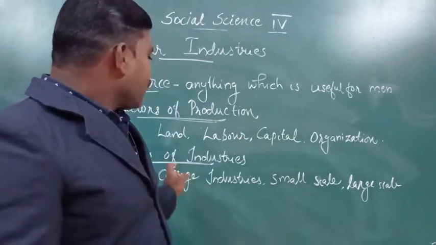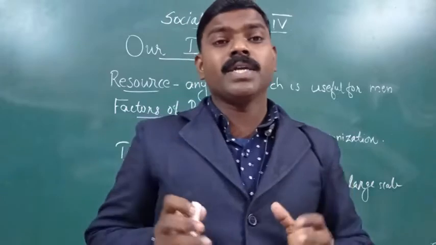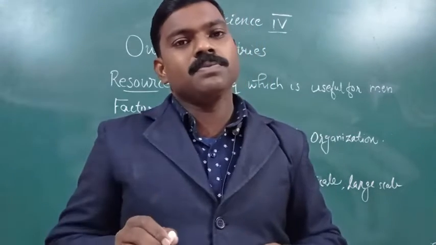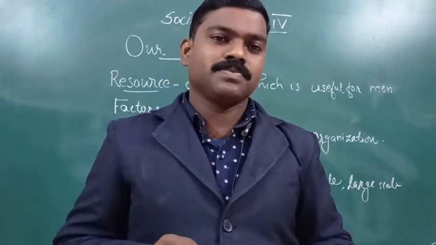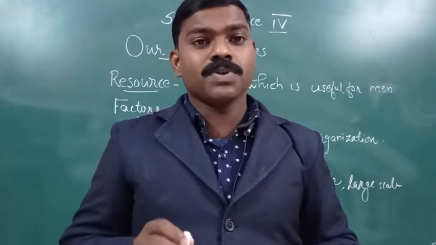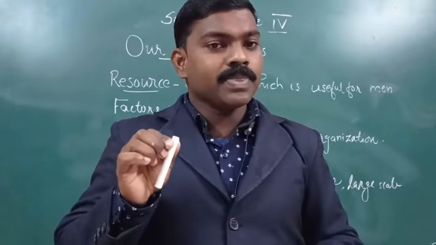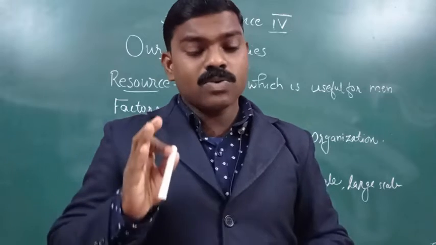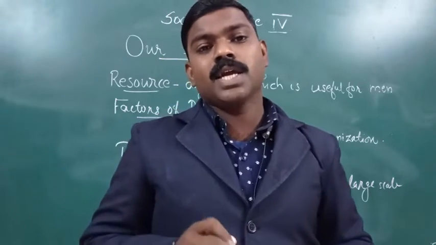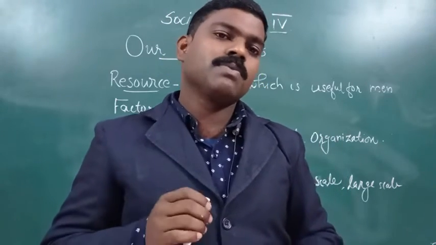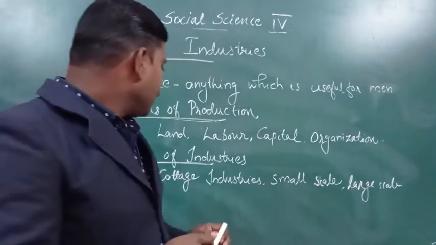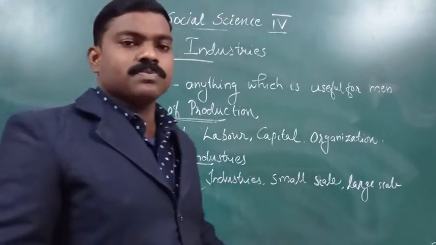Now we can see what are the main types of industries in our country. Types of industries according to the size. According to the size, there are three types of industries in our country. First one, cottage industries.